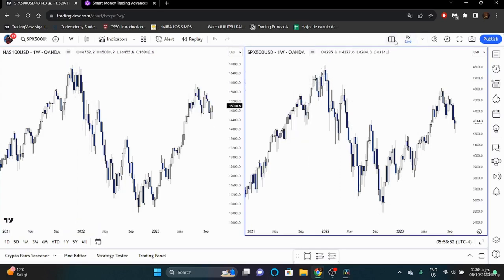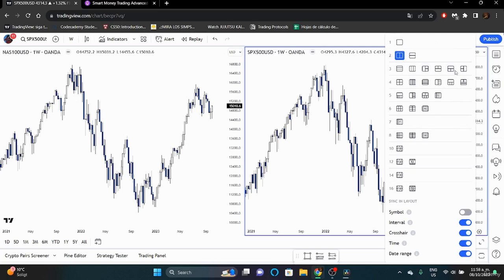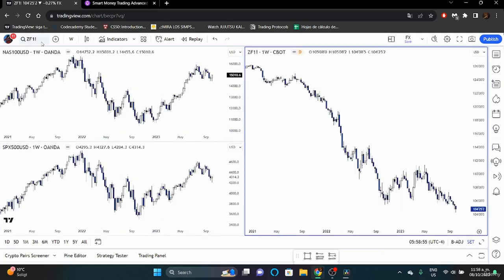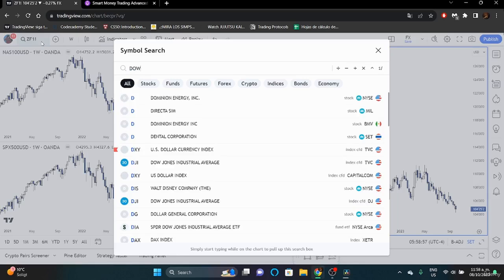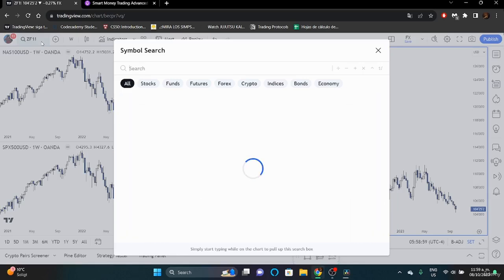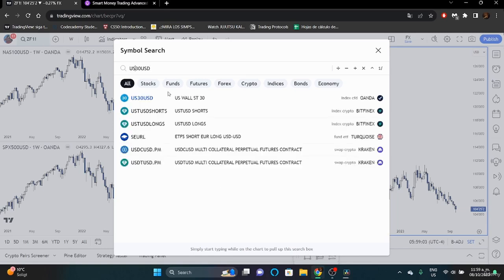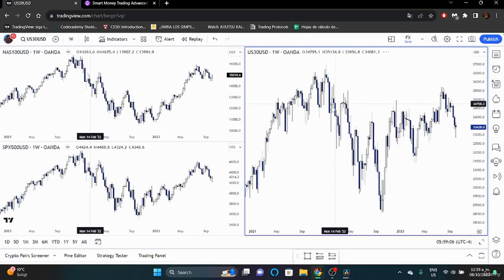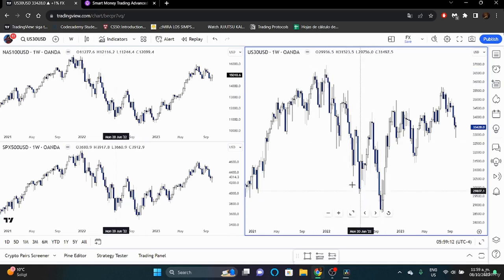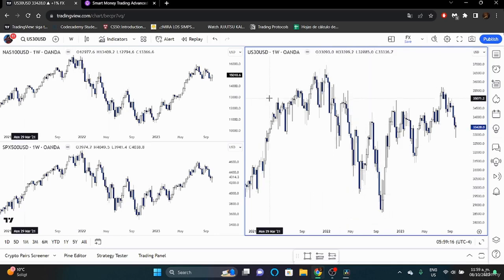Let's look at another one that is highly correlated. You probably know which one I mean. Look, we had the divergence as well, right? We make the lows as well, right? They're all correlated.